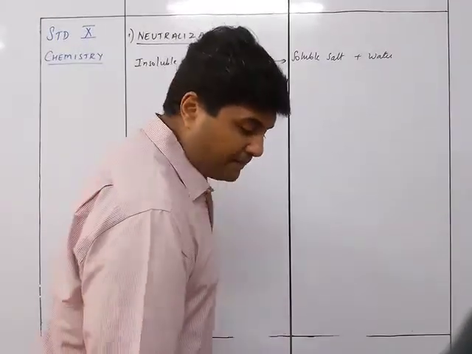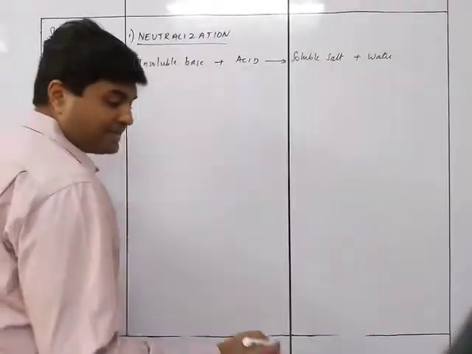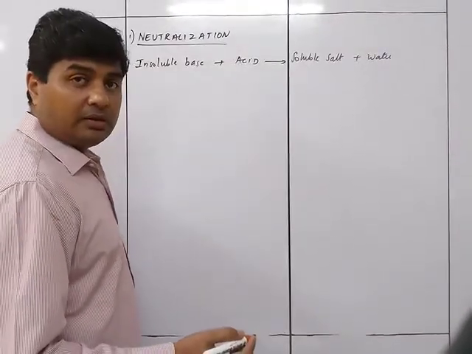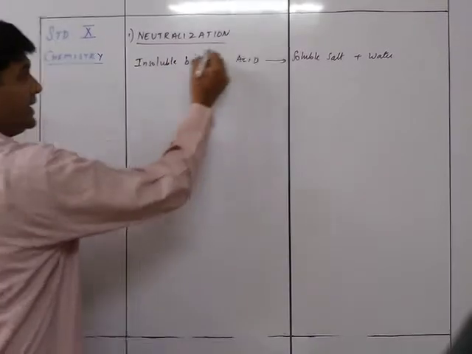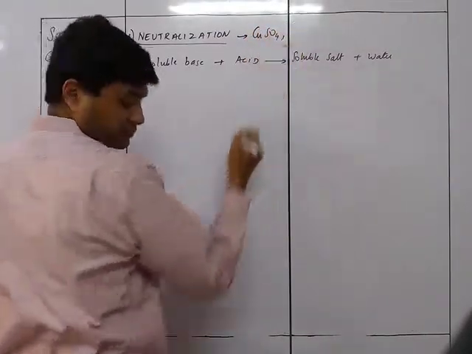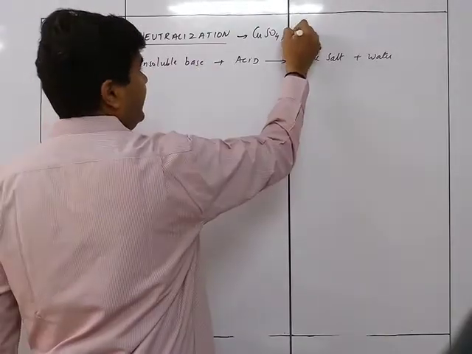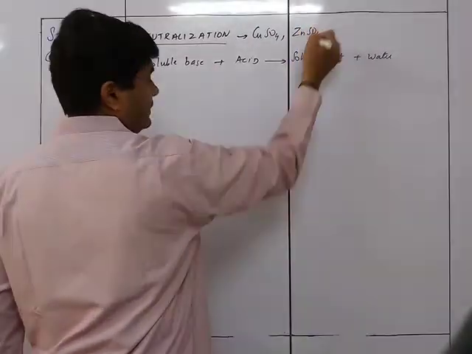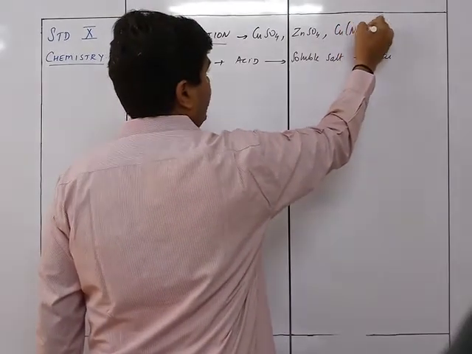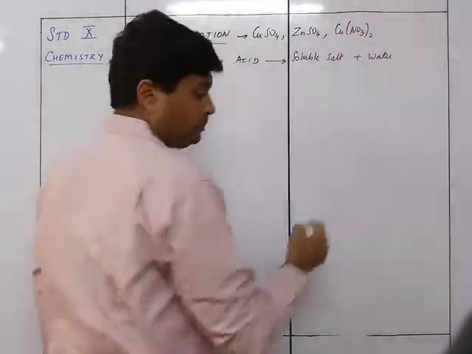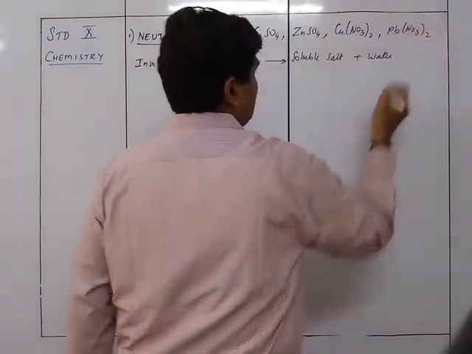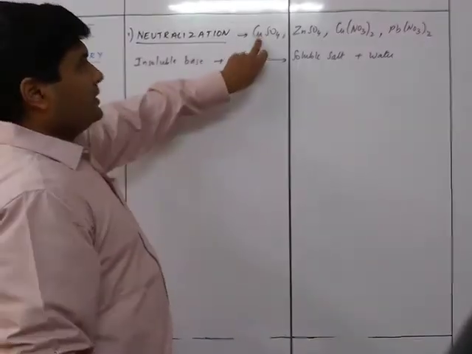The examples of salts which can be prepared by this are CuSO4, ZnSO4, Cu(NO3)2 and Pb(NO3)2.